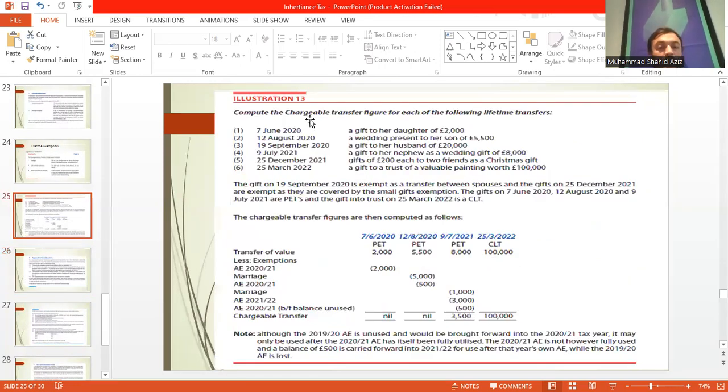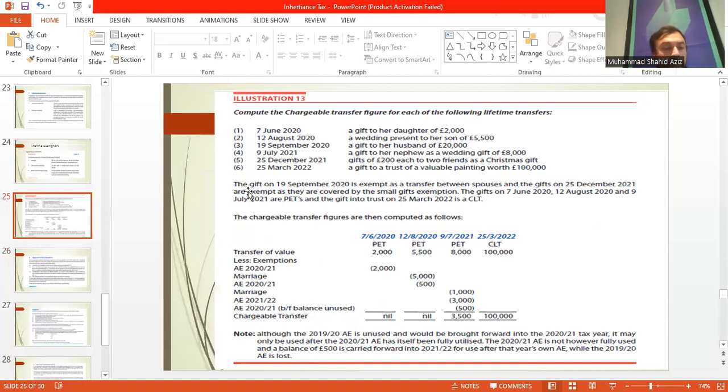So here, illustration 13, these are the gifts. Compute the chargeable transfer for each of the following lifetime transfers. A gift to her daughter of £2,000. Yes, we will write it here, £2,000.